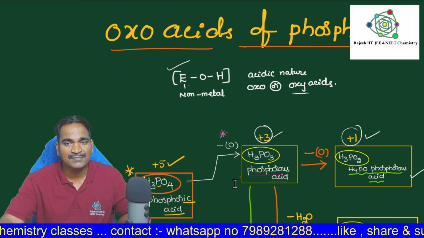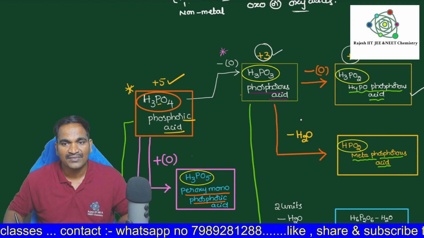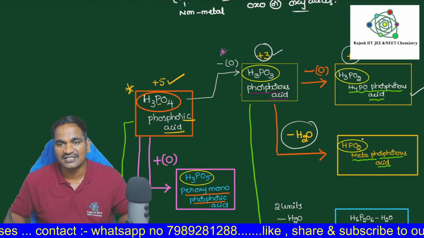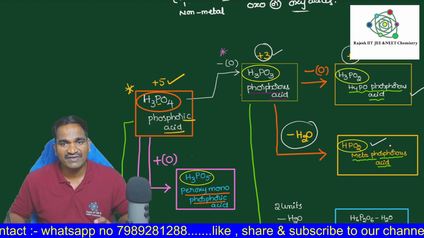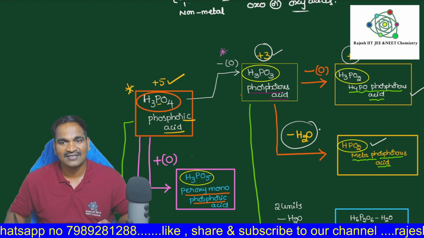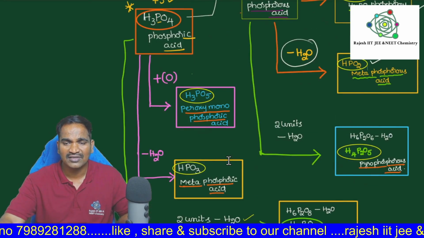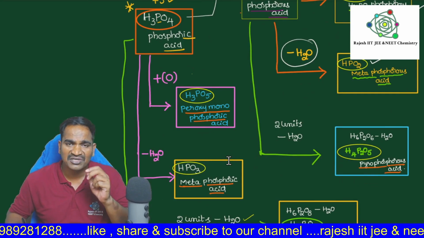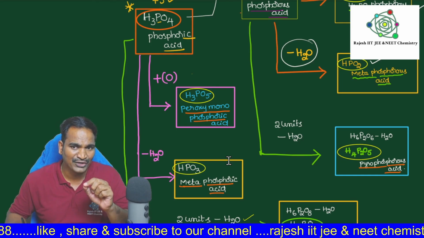Next, from this phosphorus acid, we have to remove a water molecule. If you remove a water molecule from it, you get HPO2, which we call metaphosphorus acid. Have you got it? So keep it in your mind. Next, one more type. See, I am taking 2 units of phosphorus acid. From that, I am removing a water molecule.